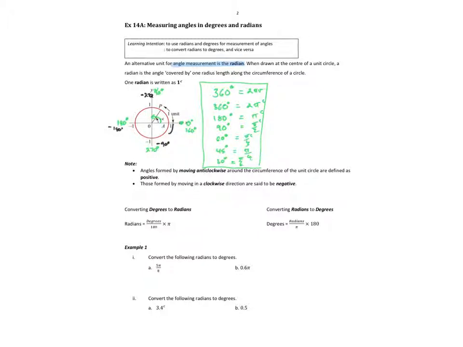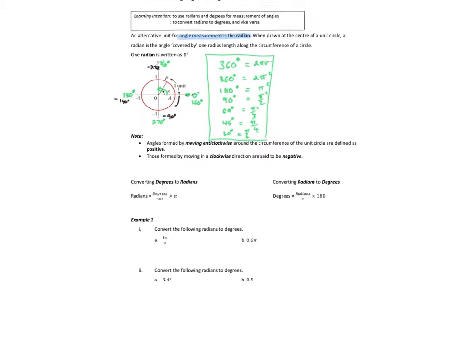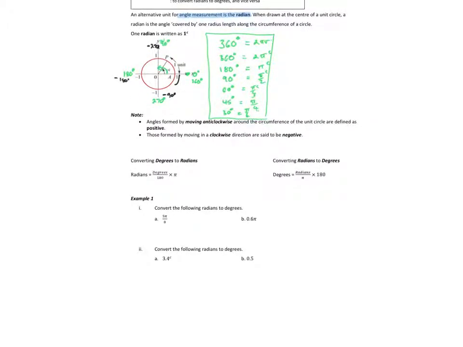To convert angles from degrees to radians and radians to degrees, basically we multiply by pi on 180 or 180 over pi. So if I want to convert degrees to radians, I multiply my degree measurement by pi over 180.